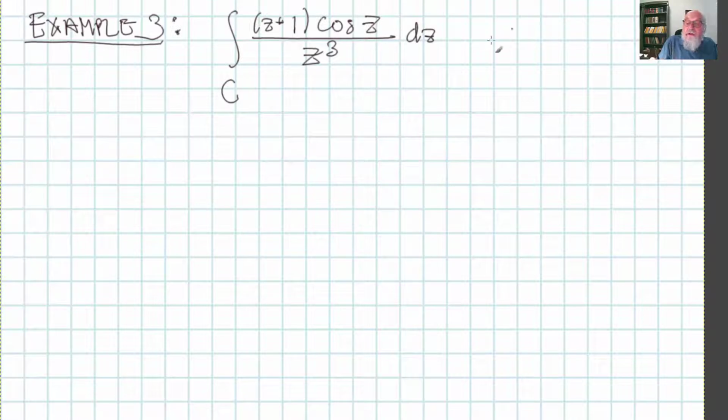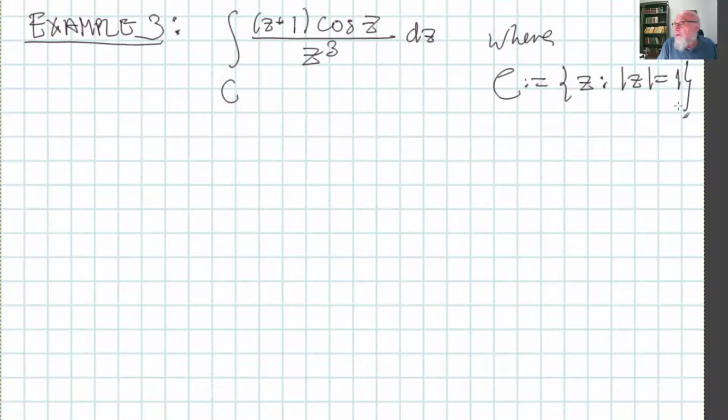And what is C? C is just a unit circle. This will be the unit circle, so this is |z| equals 1.